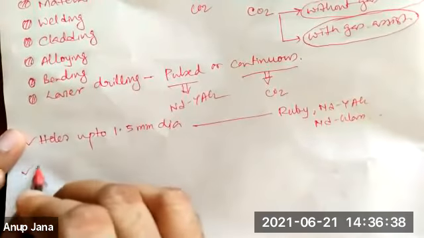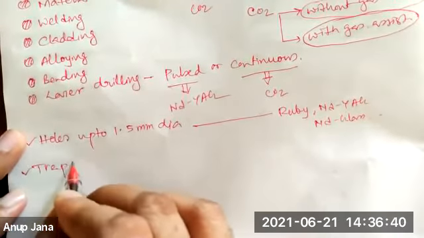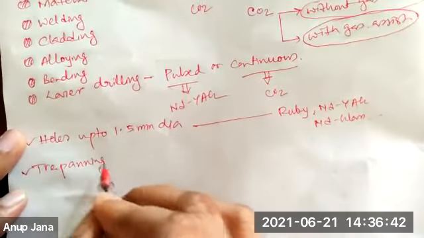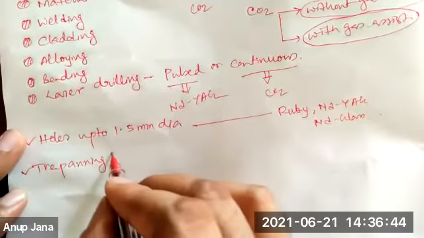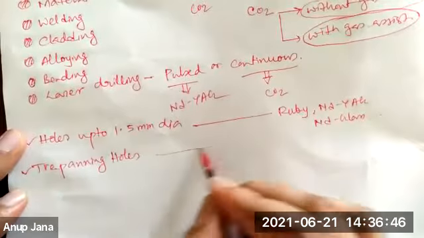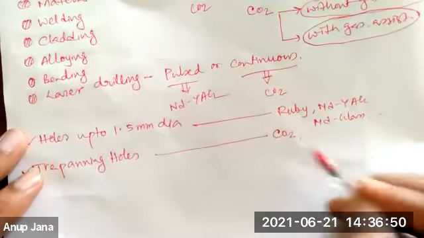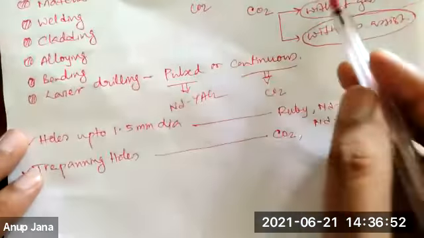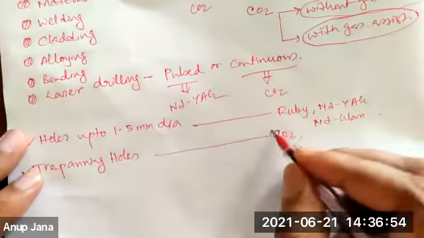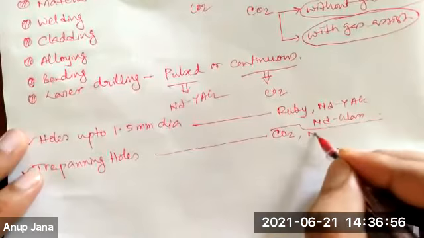What about trepanning holes? In this case, we can use CO2. I already mentioned we can use CO2, but NdYAG also can be used.